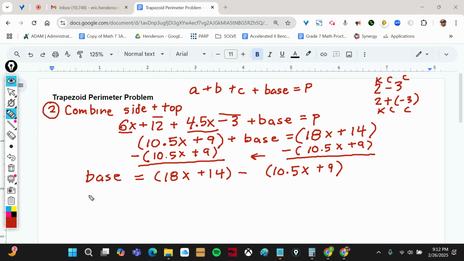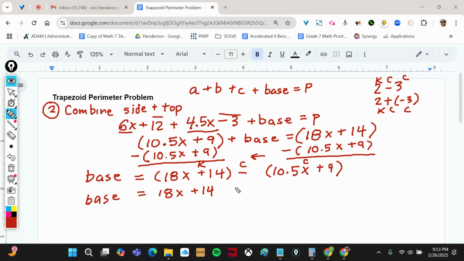So what happens here is we have base equals 18x plus 14, and we're going to do the keep, change, and then we have to change everything that's in this parentheses.